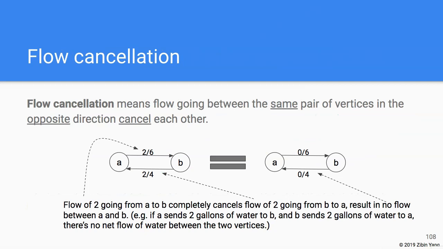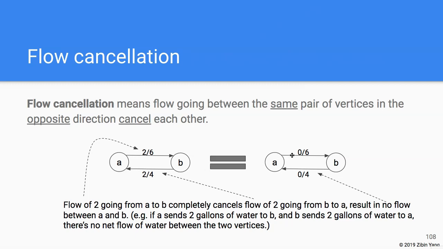Anyway, so flow cancellation. Flow cancellation just means flow going between the same pair of vertices in opposite directions can cancel each other, right? So for example, here between A and B, there are two edges, going in opposite directions: one from A to B, the other from B to A. They have different capacity, but that's not what we care about. What we care about in this case is there's a flow of two going from A to B, and a flow of two going from B to A. And they basically cancel each other.